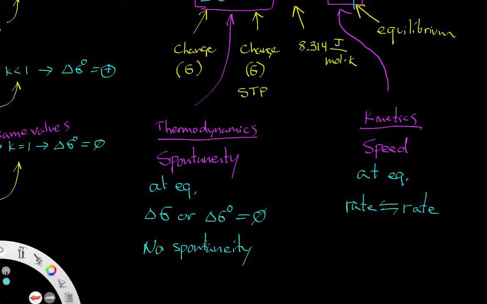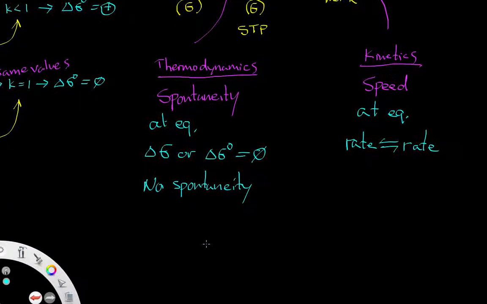And no spontaneity does not mean non-spontaneous, because remember, non-spontaneous means that we are going to require an external input of energy in order for a reaction to take place. So we are not saying that, we are just saying that there is no spontaneity, meaning that there is not a non-spontaneous reaction and there is not a spontaneous reaction. Therefore, there is just no spontaneity, and that's how we are able to say that delta G or delta G standard equals 0. So I want to make that point.